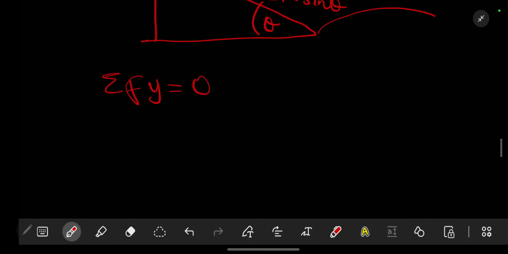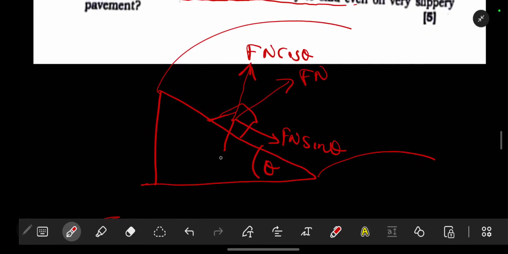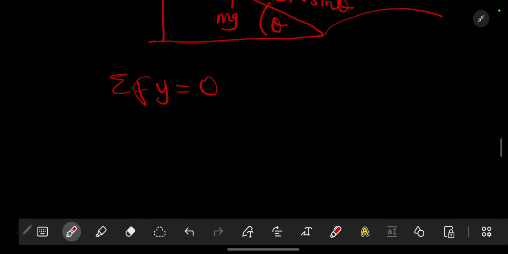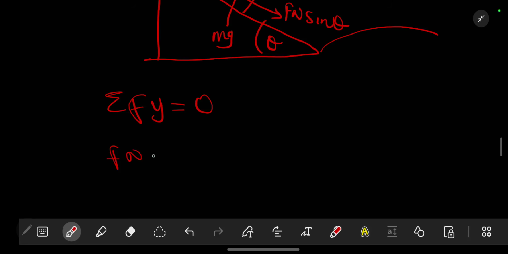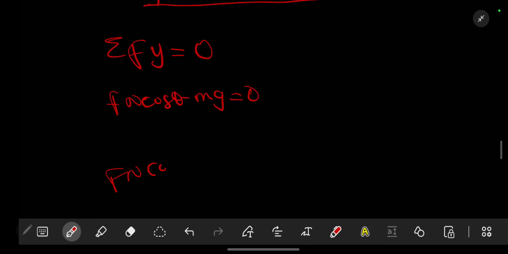Which forces are those? We have the Fn, opposite is the mg. So you have Fn cosine of theta minus mg is equal to 0. So our Fn cosine of theta should be equal to mg, like that.